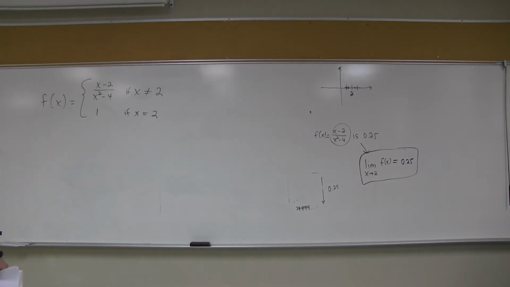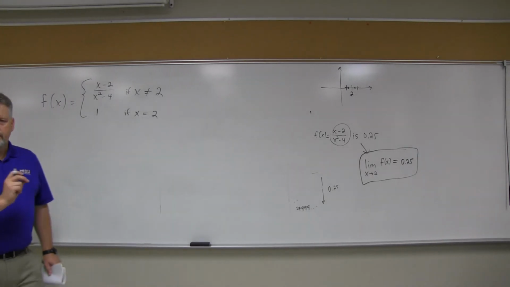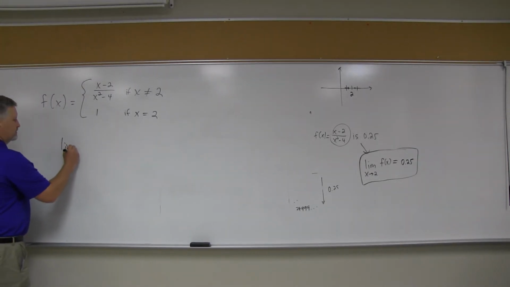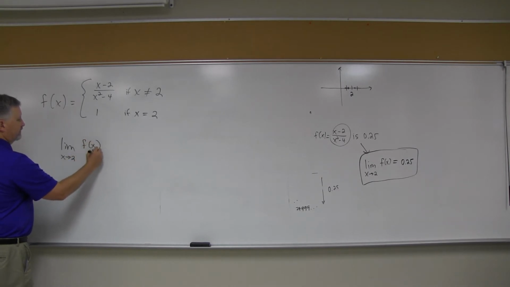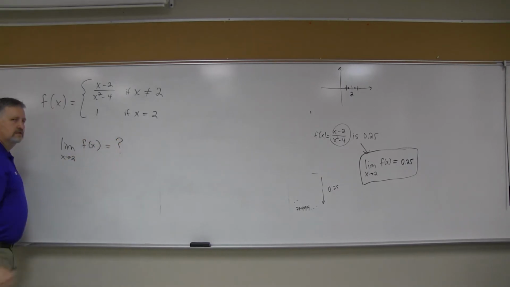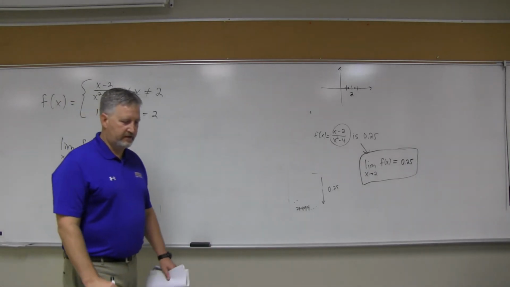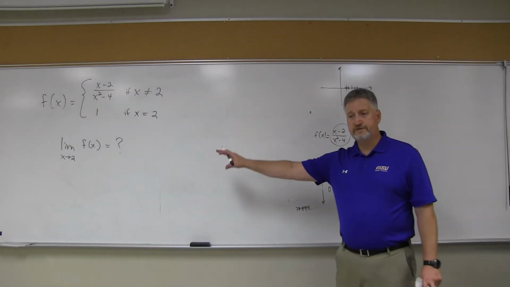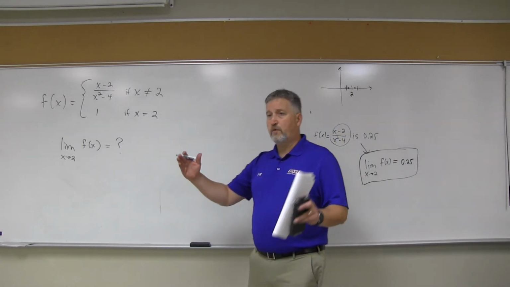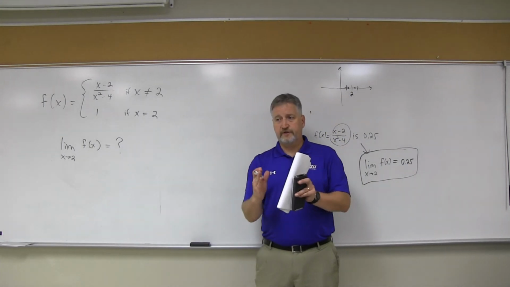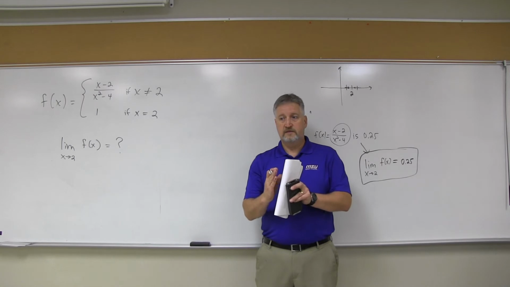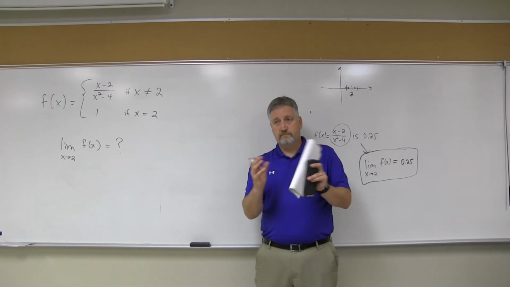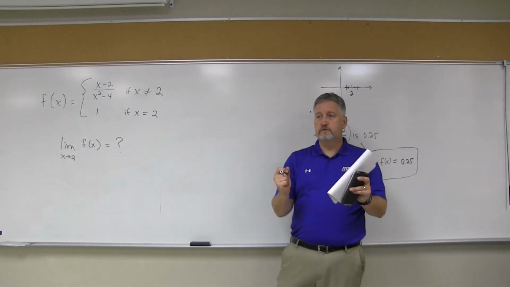However, okay, what do you say to the limit as x approaches 2 of my f of x? What would you say that is? Knowing what we just talked about, this limit is what's happening as x gets closer and closer to 2 without actually ever being 2.